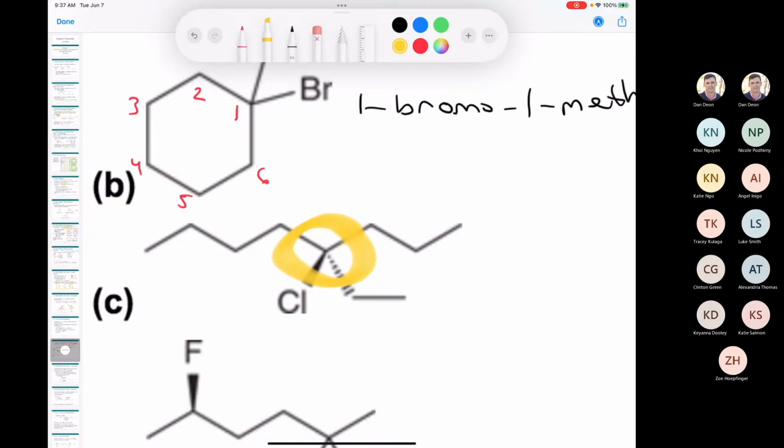All right, I got 2 people who say R. Let's give it a shot. So what do we got here? We got the chlorine. That's the highest priority. We have the ethyl, which is the lowest priority, and it's in the back.